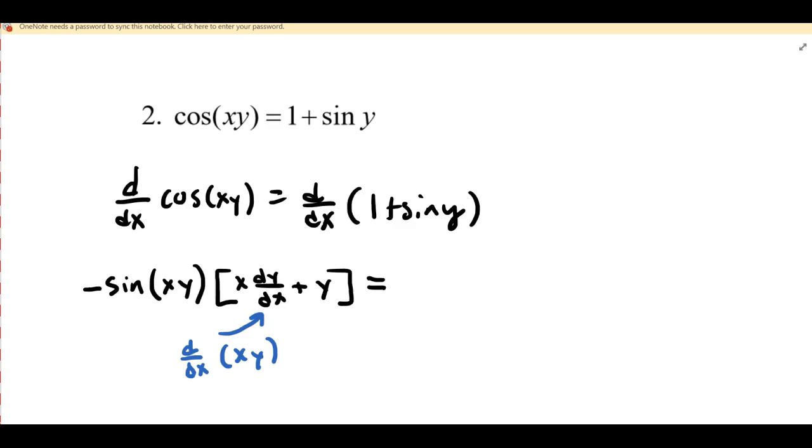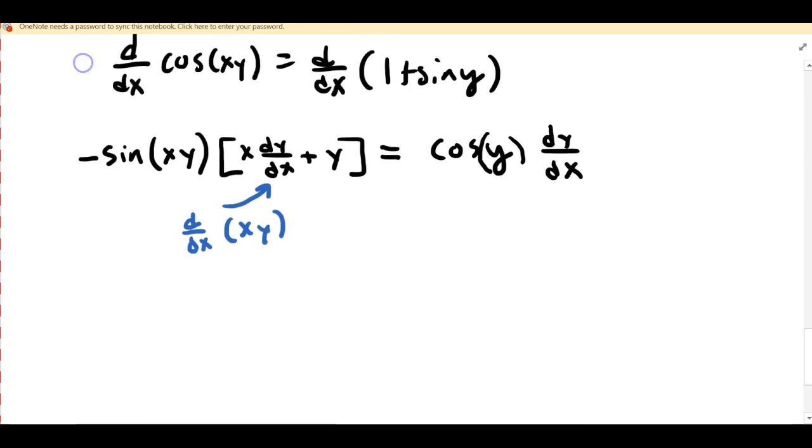All right, and then on the right side, the derivative of 1 is 0. The derivative of sine y, use a chain rule there. So the derivative of sine is cosine. We keep its argument the same. And I might even just put a parenthesis around this. And then I multiply that times the derivative of the inside. That's going to be dy/dx. So I just put parentheses there just so it's clear that the dy/dx is not in the argument of the function. It's on the outside of the function.